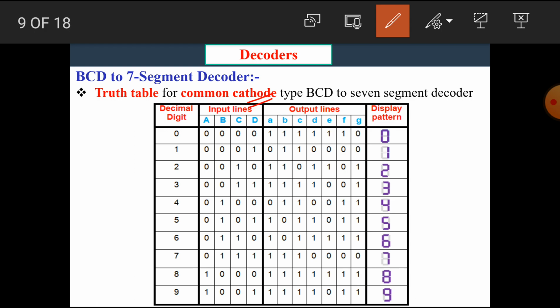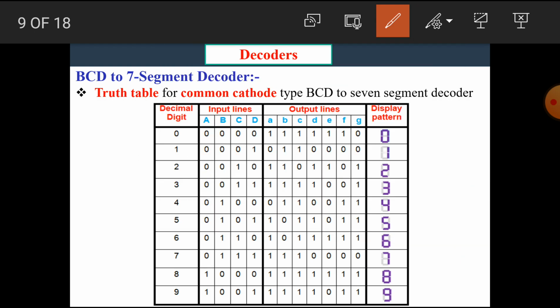That means in common cathode type display, we have to provide 1 to turn on the proper segment. If we want to display the digit 0, this will look like this. We only want the segment G off, hence the segment G is 0. Similarly, to display 1, we only want the segments B and C on. Here B and C are on, hence these have the value 1, others have the value 0.